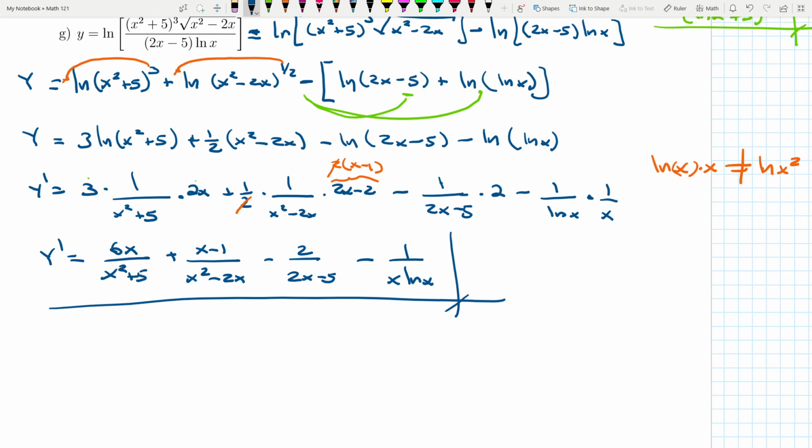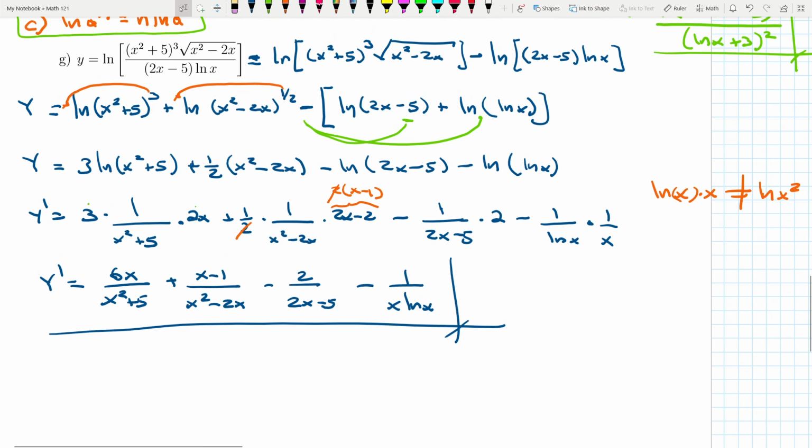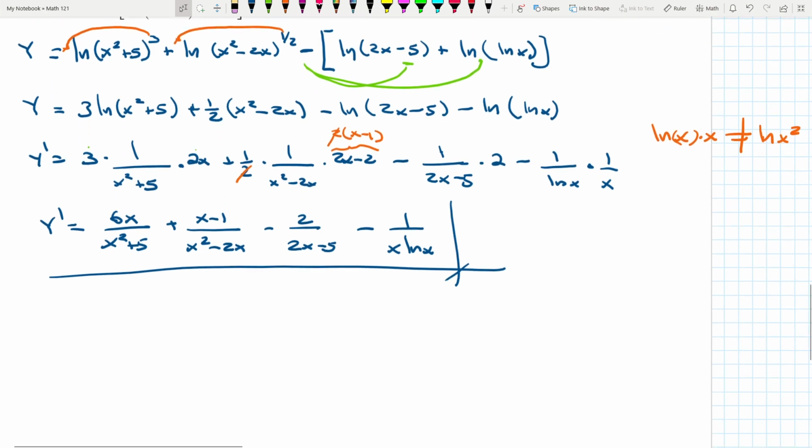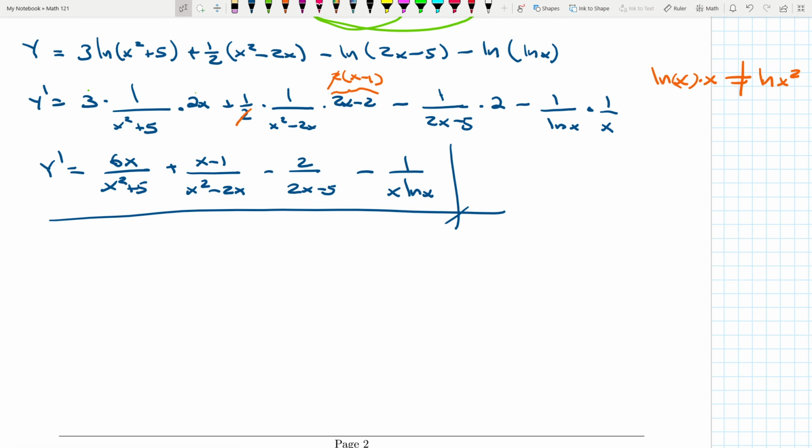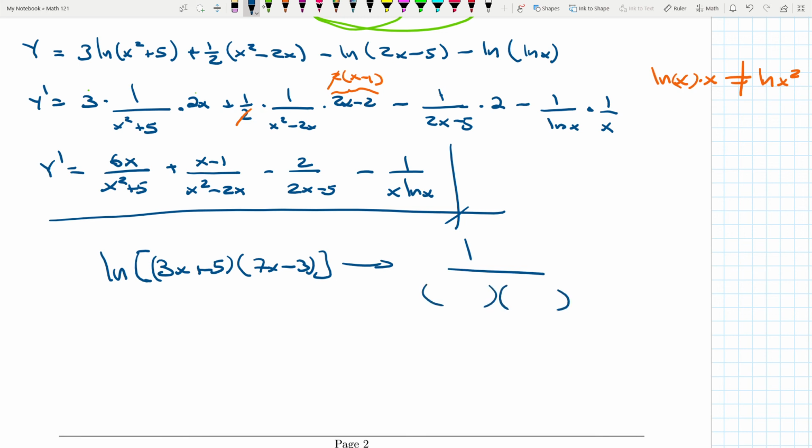And this is something that you might want to try when you have logarithmic functions of something a little bit uglier, like other examples that you might see in the homework, like ln of (3x plus 5) times, I don't know, (7x minus 3). No, you don't want to do 1 over that whole thing times the derivative of the whole thing as a product rule.